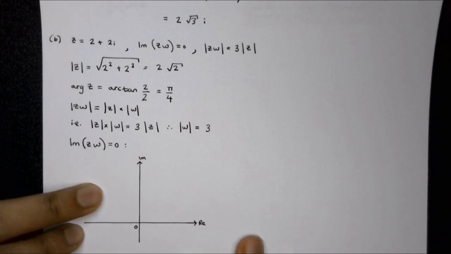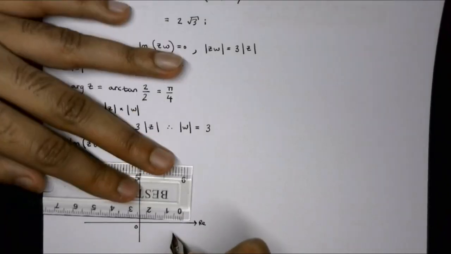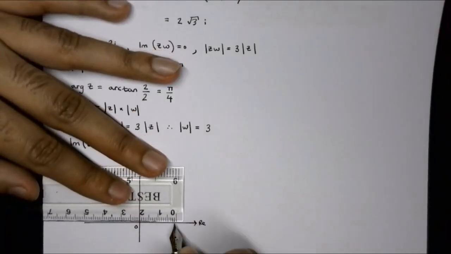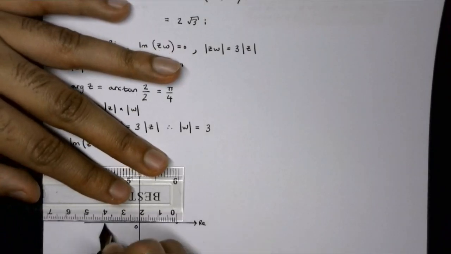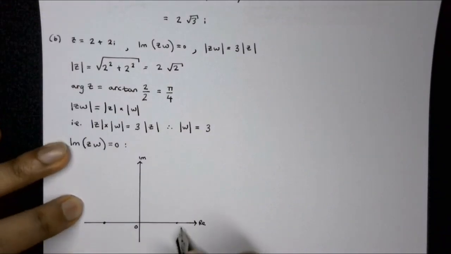And of course we know from the question that we have to find two possibilities for W. So either ZW lies over here somewhere, or it lies over here somewhere. So let's just mark these on.